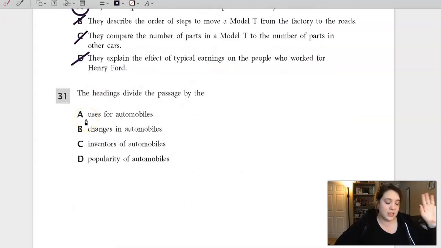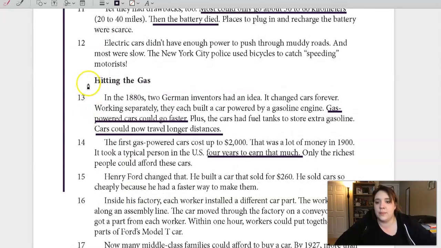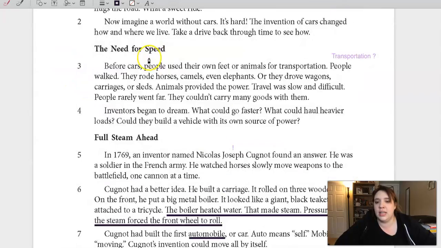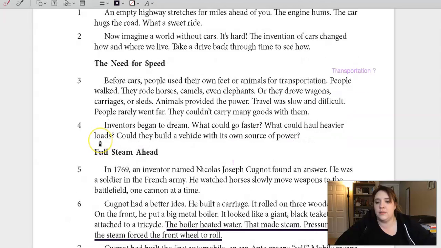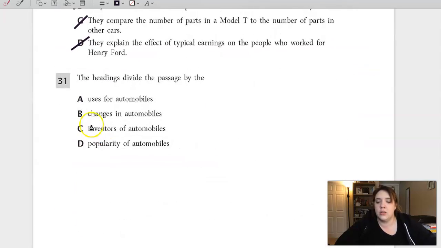So, last one, 31. The headings divide the passage by uses for an automobile, changes in an automobile, inventors, or popularity. So remember, these are headings up here. These right here: Hitting the Gas, Battery Powered, Full Steam, Need for Speed. Okay, those are our choices. So is it the inventors?